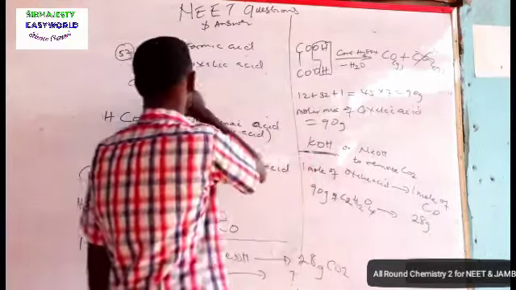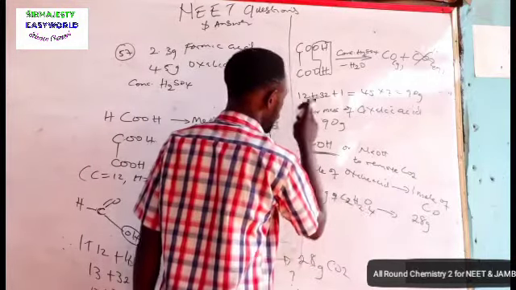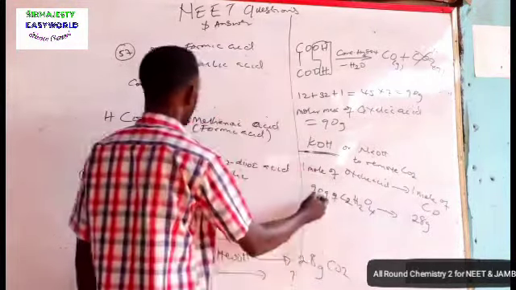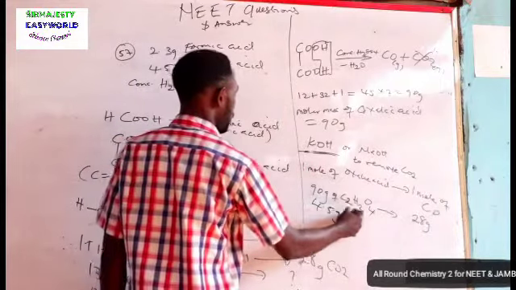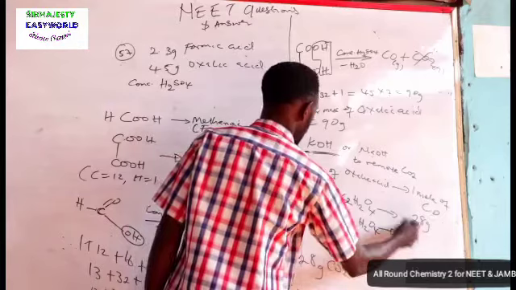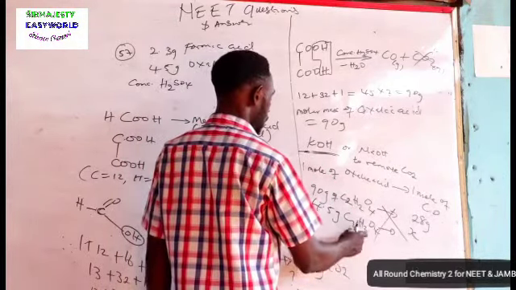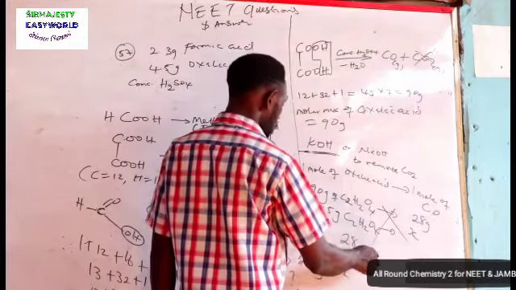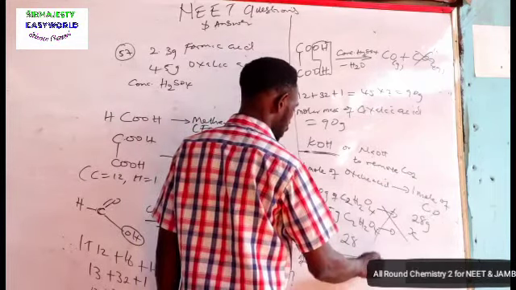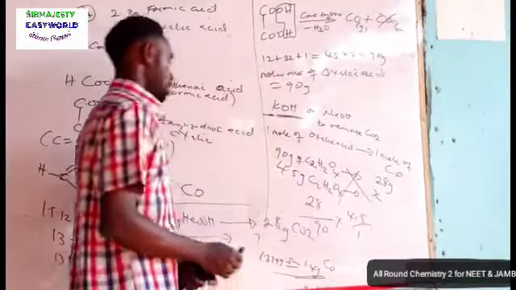Then go back to the question. Since 90 grams of this acid on treating it with conc H2SO4 gives us 28 grams, what will 4.5 grams of C2H2O4 give us? We call it X, cross multiply, such that we have 28 over 90 times 4.5 over 1.